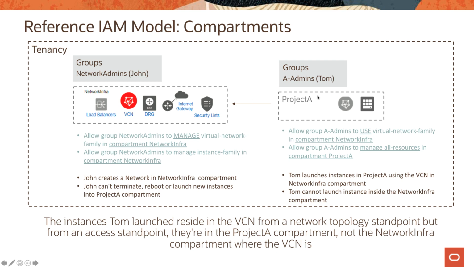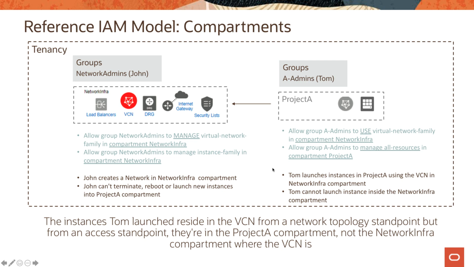So the instance is such that it is launched in a VCN which belongs to this second compartment, while the instance is in the first compartment called Project A. But Tom can launch this instance, but he cannot launch this instance inside the network admins, network infra compartment, because the policies don't allow Tom to do that.